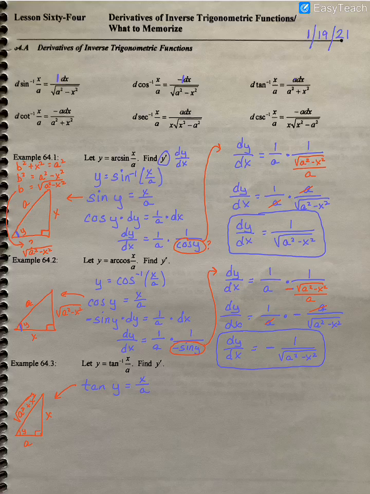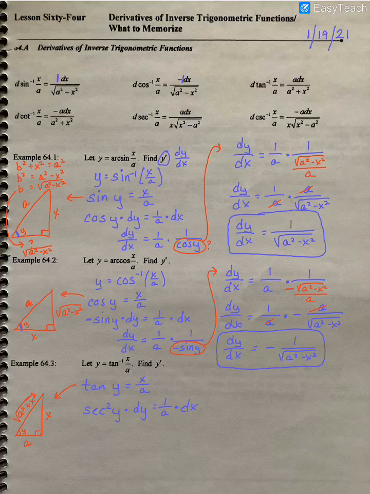So, derivative of tangent y. This is one to memorize, you know it. Derivative of tangent is secant squared y, and with respect to y means times dy. Derivative of x over a still is 1 over a times dx.